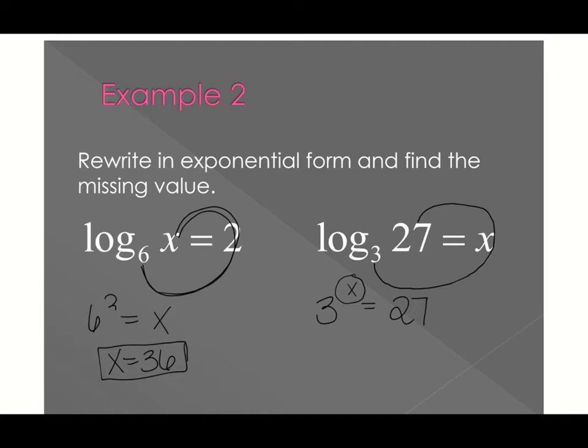Well, 3 to the first is 3. 3 squared is 9. 3 to the third is 27. So x would have to be 3. So I can change from one form to the next in order to figure out what x is. I went from a log to an exponential to figure out what x is.